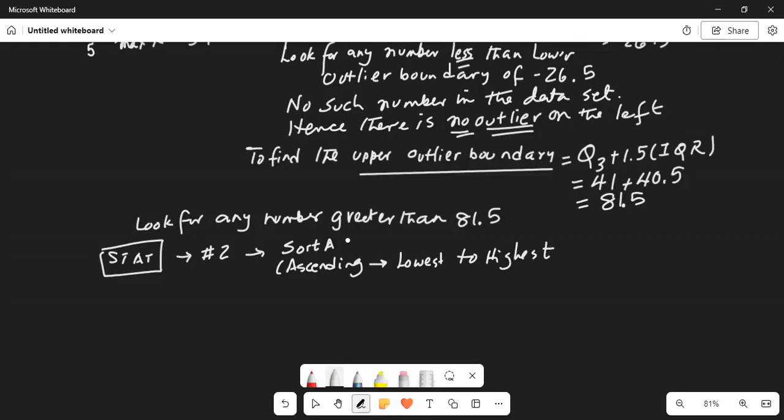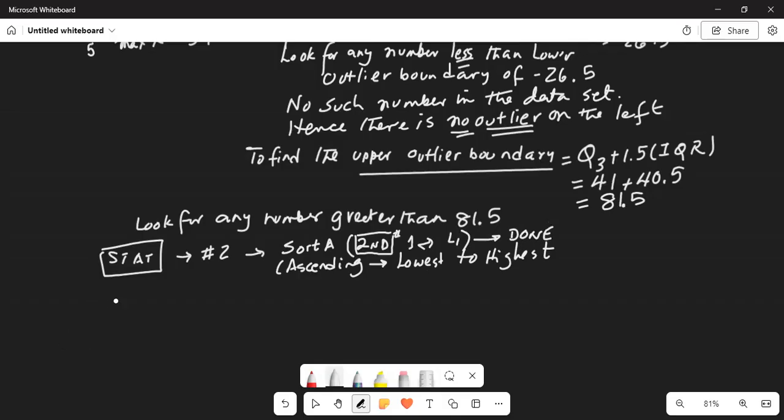Okay, sort A, and there is a parenthesis. Now I have entered data in L1, so I need to get an L1 over here. For that, I will press the second button and then number 1. Second and 1 gives me L1. Close the parenthesis and hit enter. It says done. Why did I do it this way? Then the numbers are arranged in L1 from lowest to highest.